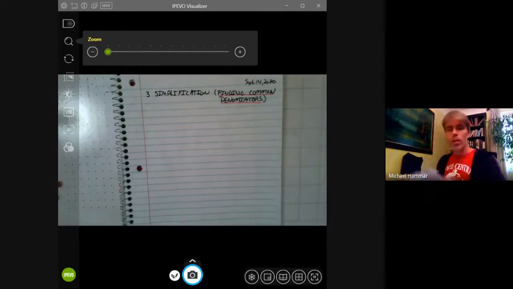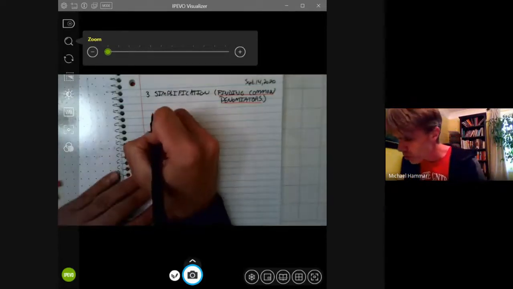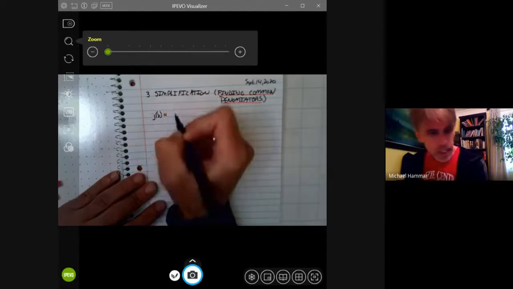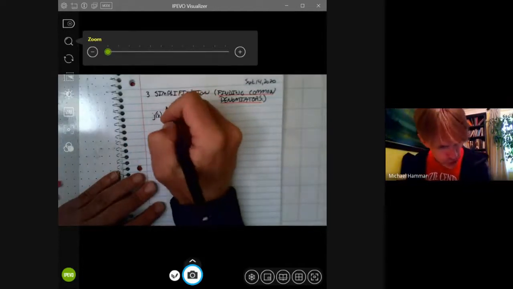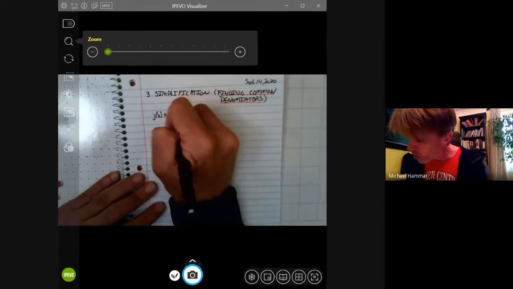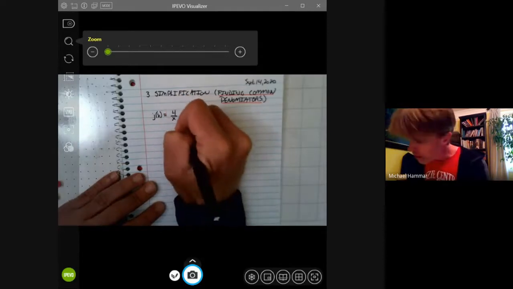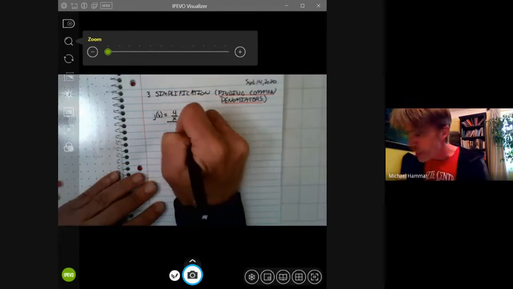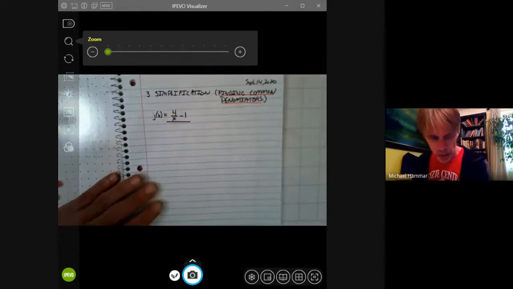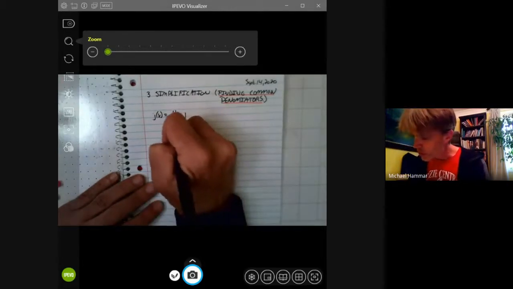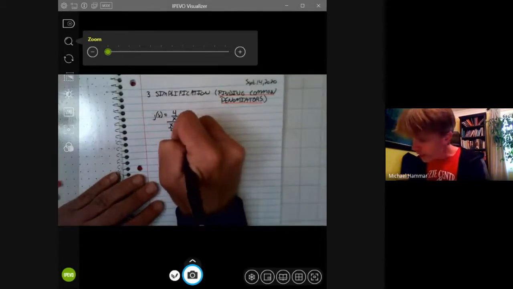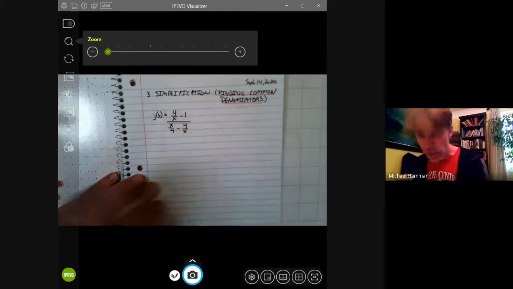I'm going to write down our first problem, and it's going to look very similar to the ones we've seen before. Let's say I gave you j of x equals this function: 4 over x minus 1 in the numerator, all over x over 4 minus 4 over x in the denominator.